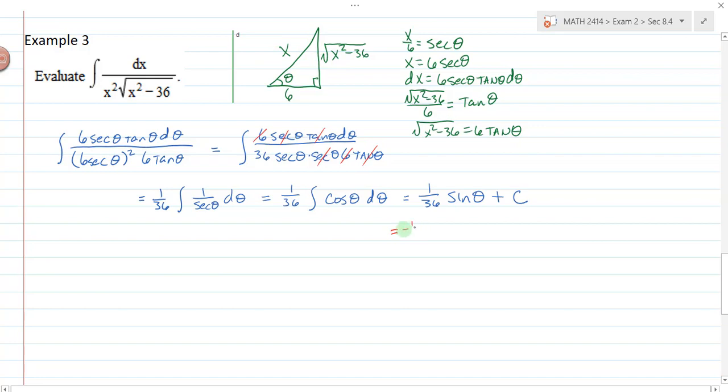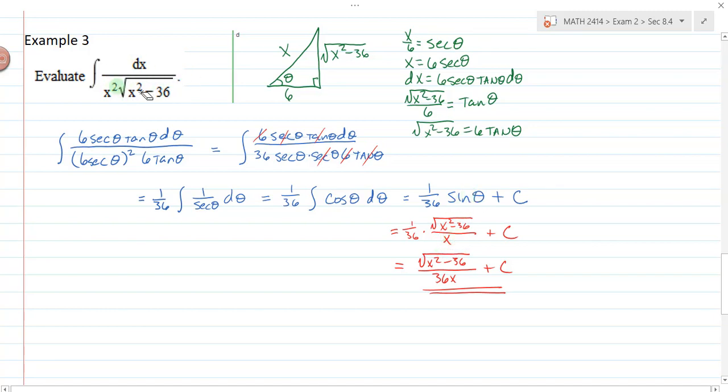So this is going to be 1 over 36 times, looking at the triangle, the opposite side is the square root of x squared minus 36 over the hypotenuse, which is x. So this would be the square root of x squared minus 36 over 36x plus c. That triangle's used twice. Once for solving for x in terms of a trig function, and then again when we do our back substitution and writing the trig function in terms of x.